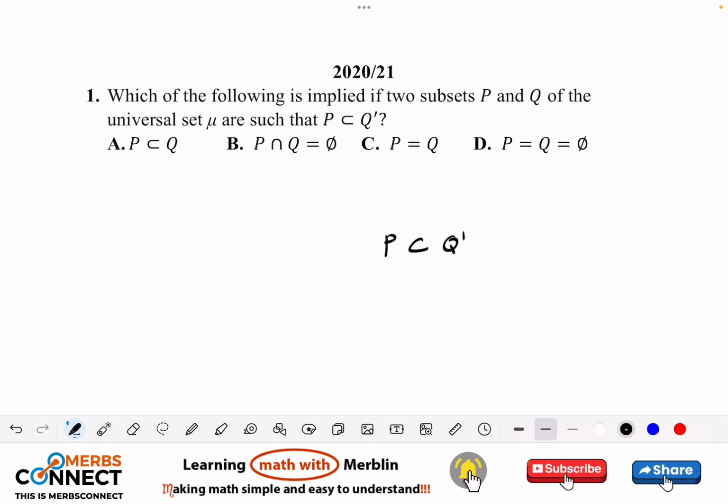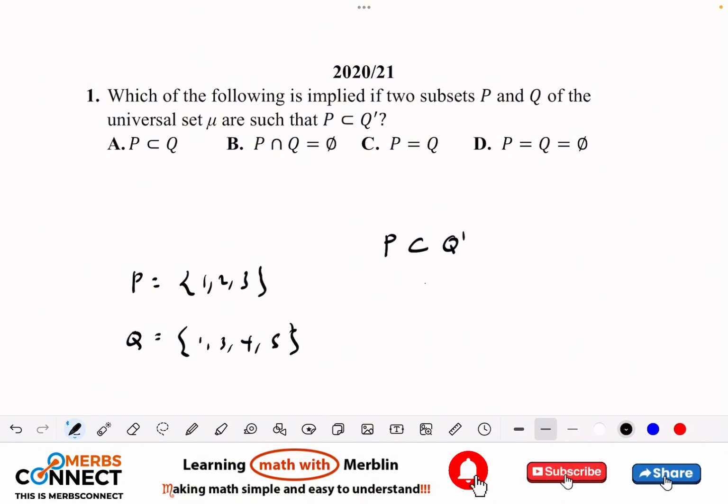I can just assign values to P, right? So P is that. And then I can assign values to Q. Let me say 1, 3, 4, 5, and let me say this is my universal set, which is 1, 2, 3, 4, 5, 6.